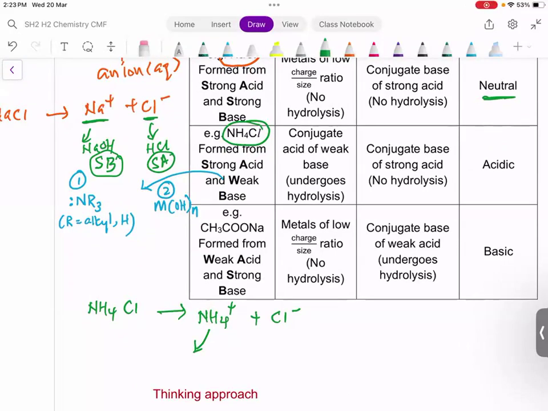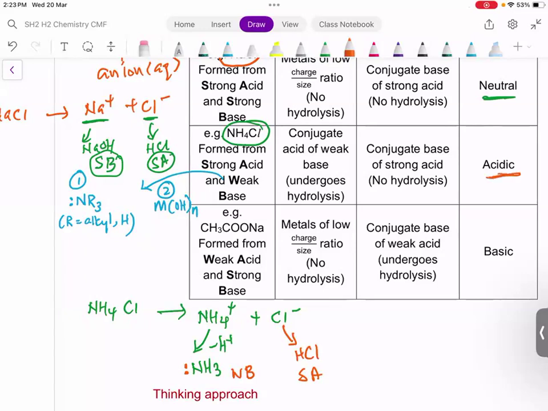So if I reverse, I minus an H+, this is my base. My original base has a lone pair on nitrogen, therefore it's a weak base. Cl- must come from HCl, which is a strong acid. So who is the dominant parent? Strong acid.